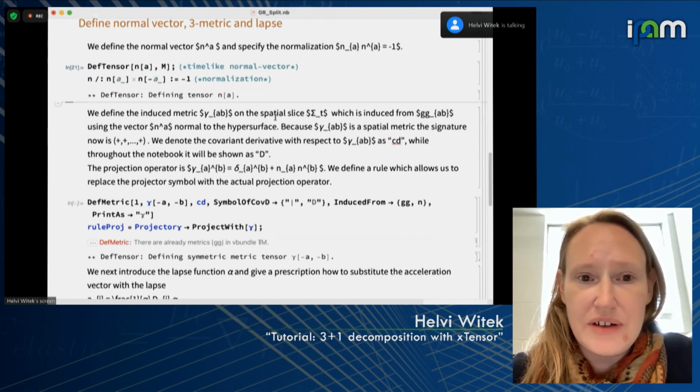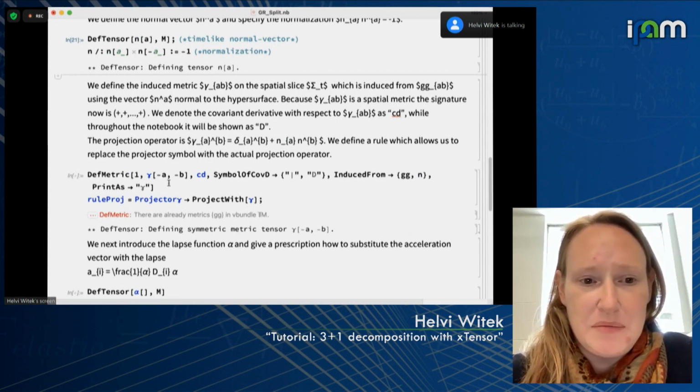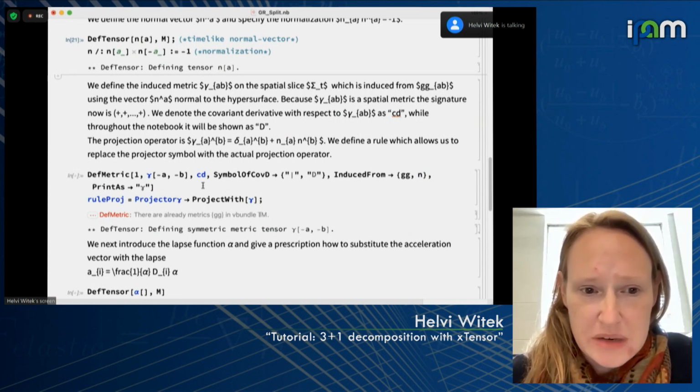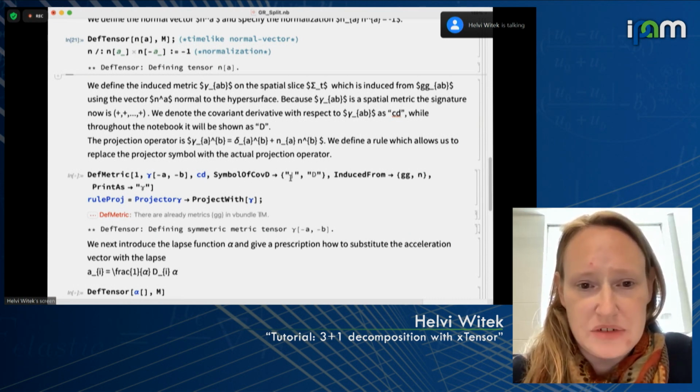And then I can define an induced metric. That's what I'm doing next here. Again, I define a metric. Now my signature is +++. I'm giving it the name gamma AB. The symbol for the covariant derivative for my induced metric is lowercase CD. This is just some representation, so I can print out the symbol D for my covariant derivative.